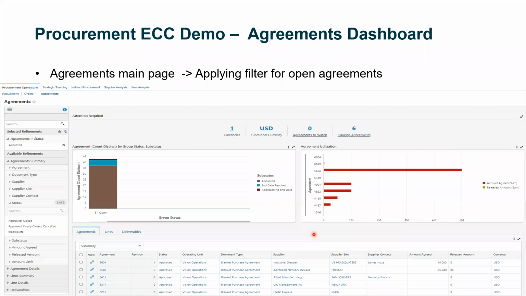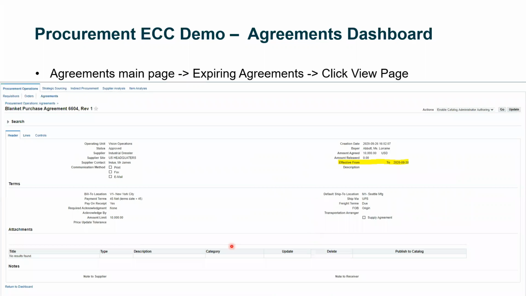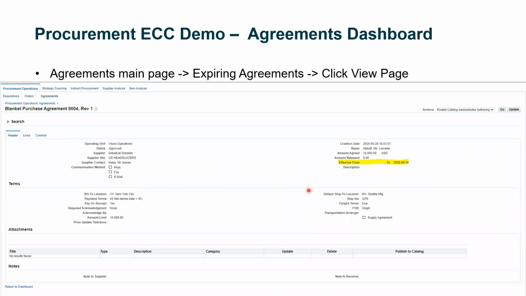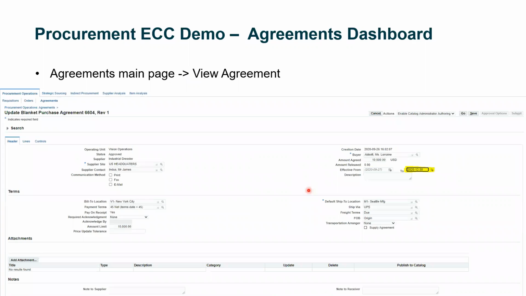From there, you can open those blanket agreements. You can change the end date for those agreements, or you can renegotiate those agreements with the supplier. And that's all about the dashboards.